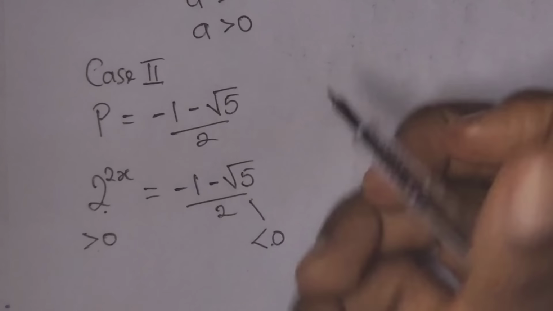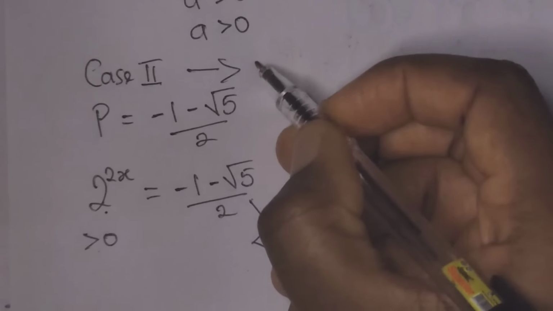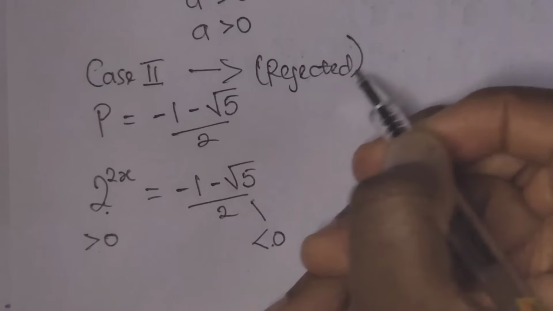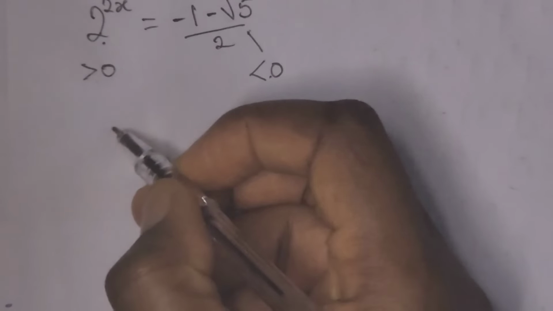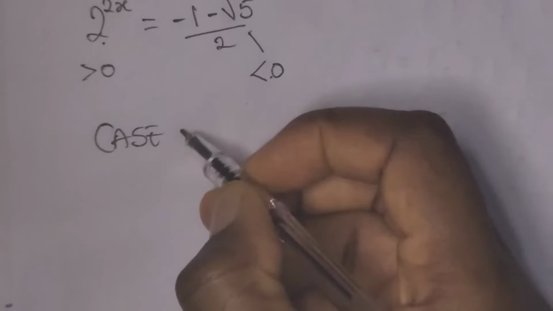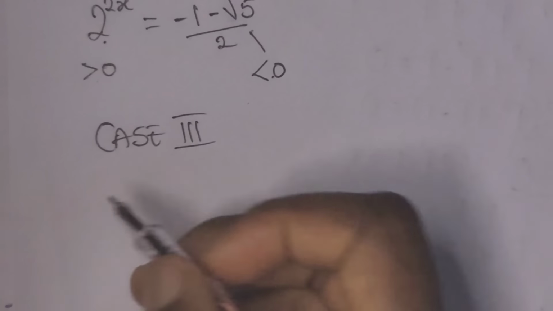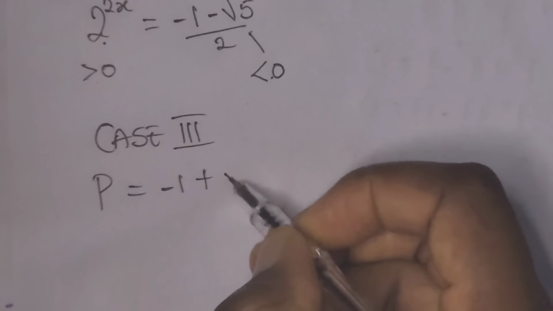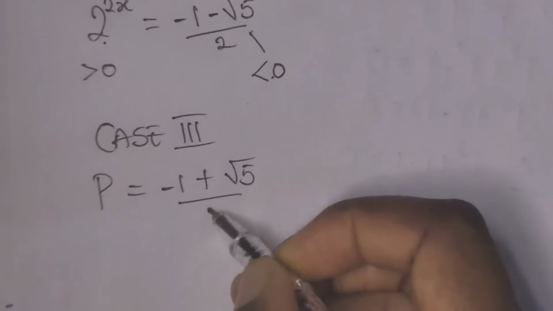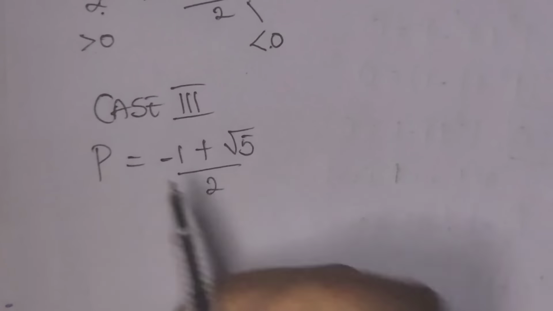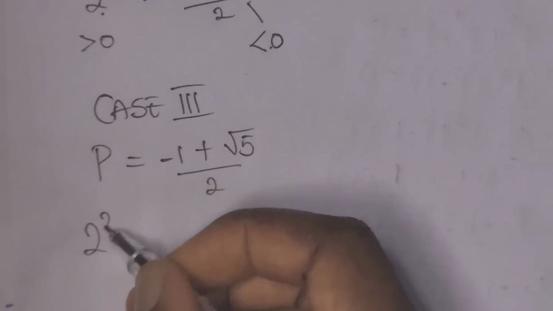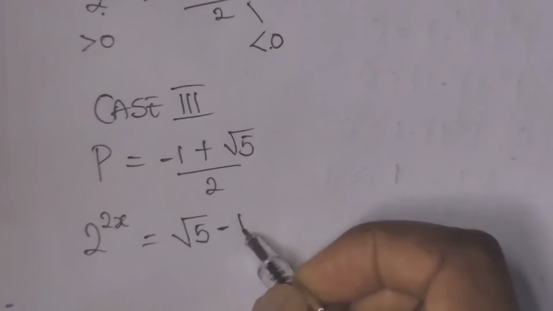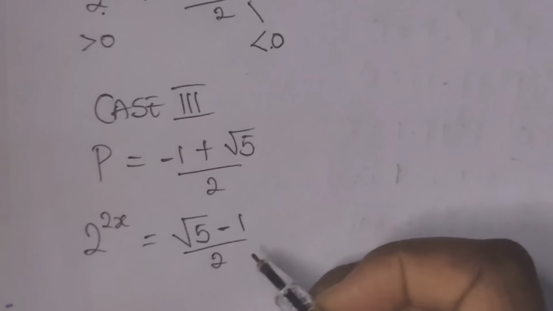So our case 2 is rejected. So we have case 3, where we have p to be equal to minus 1 plus root 5 over 2. And our p is 2 to the power of 2x, equal to root 5 minus 1 over 2.